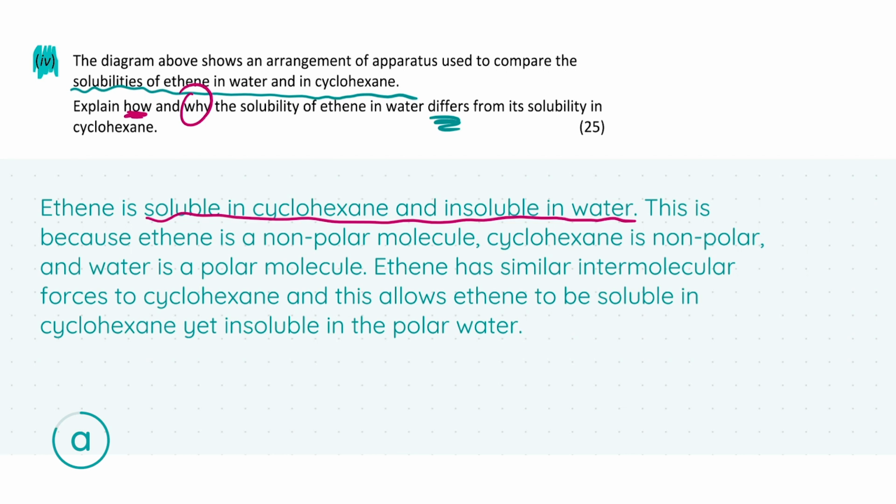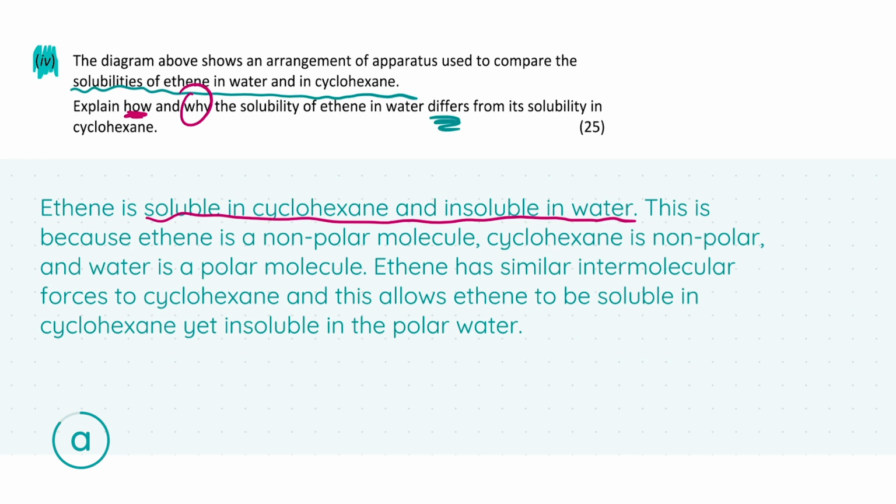The reason that ethene is soluble in cyclohexane is because ethene itself is a non-polar molecule and cyclohexane is also a non-polar molecule. An important thing to note here is that ethene has similar intermolecular forces to cyclohexane, and that makes it easier for ethene to dissolve in cyclohexane.